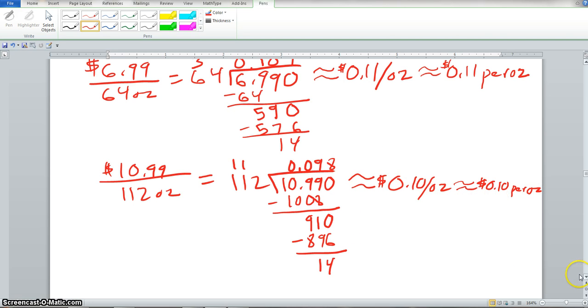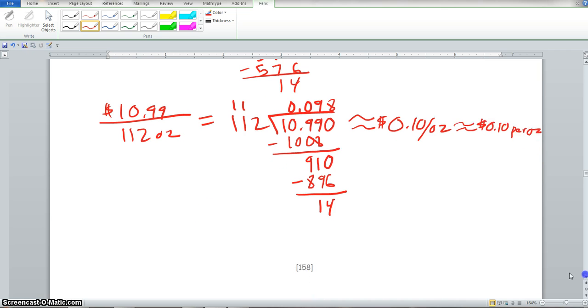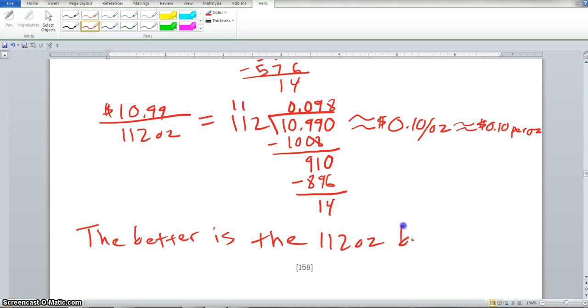Now, the better buy, we have to write this out. The better buy is the 112 ounce bottle of Tide. And that is your final answer for that problem.